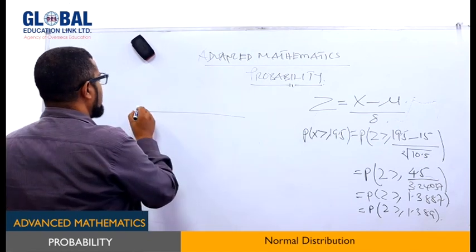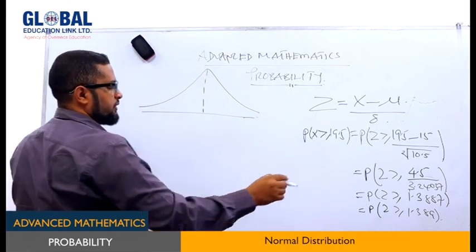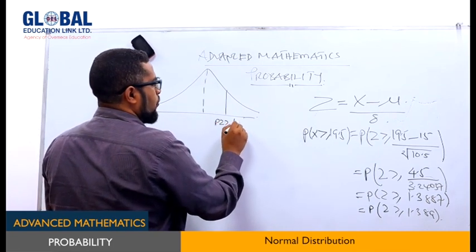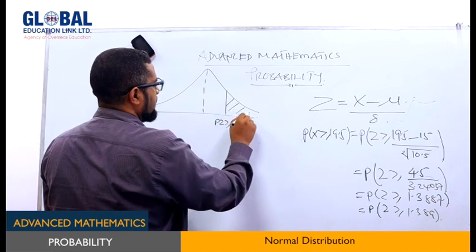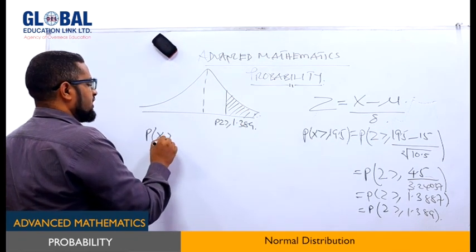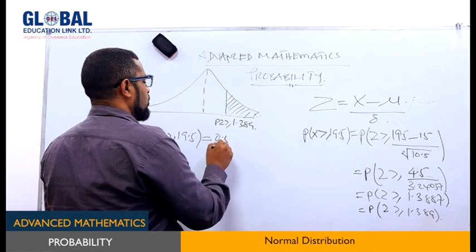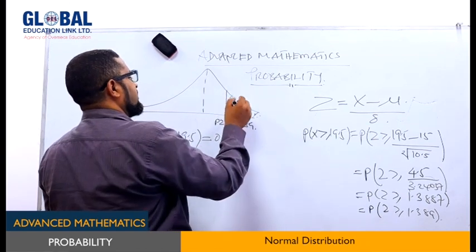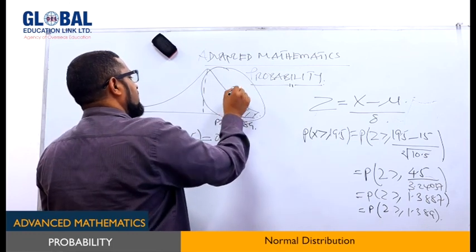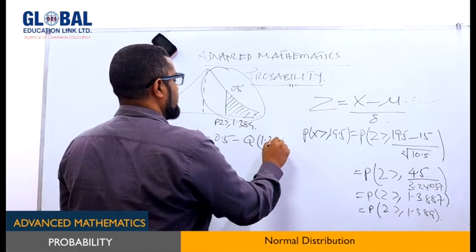So under the standard normal curve, that is the mean. Now let's show our Z. So this is the probability of Z greater than 1.389. We are looking for the probability of X greater than or equal to 19.5. This will be equal to 0.5. Remember, as I said, you are looking for this area, which is the same as taking this area, 0.5, minus the Q of that number, 1.389.